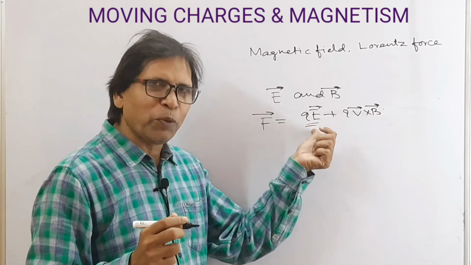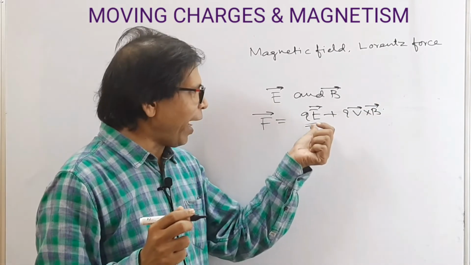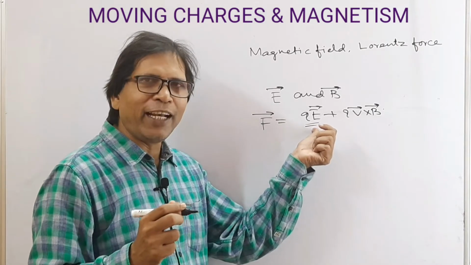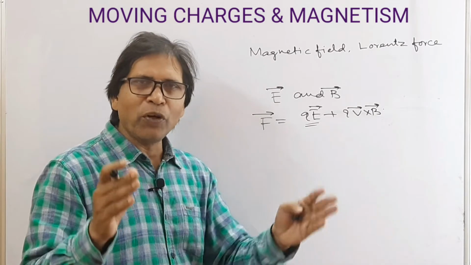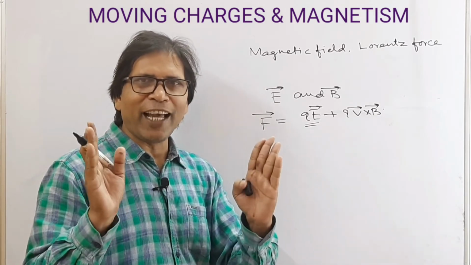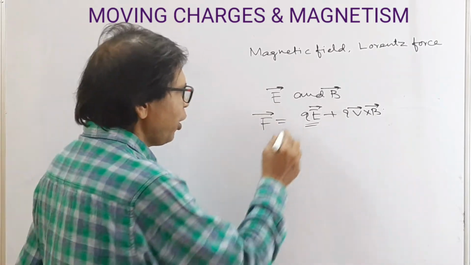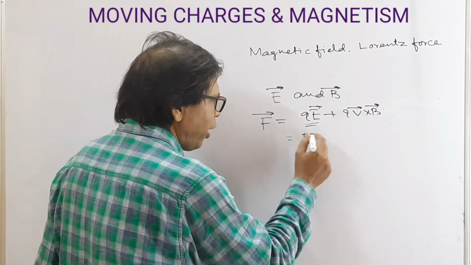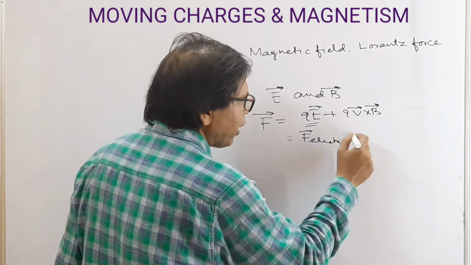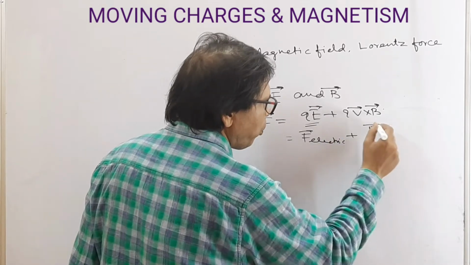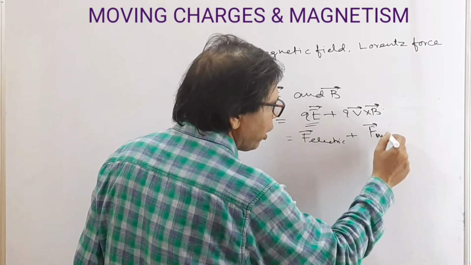Look at this, this force is the force acting on the charged particle in electric field, and this force is the force acting on the charged particle in magnetic field. So this is F electric plus this is F magnetic.